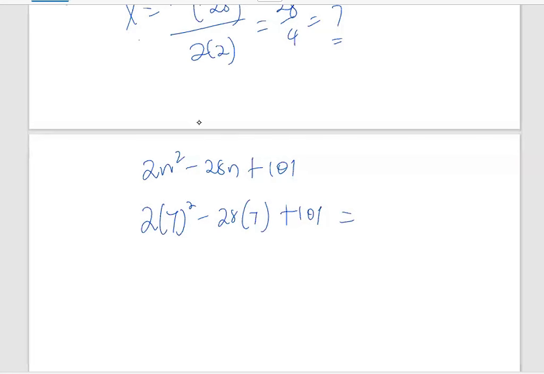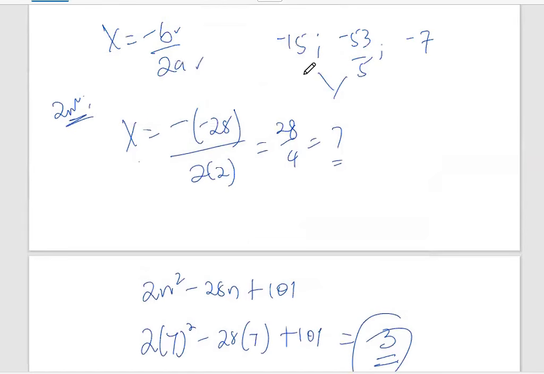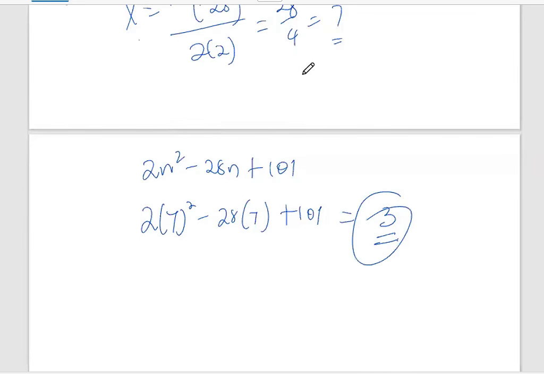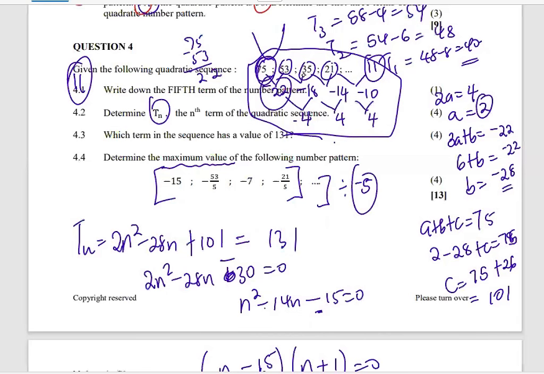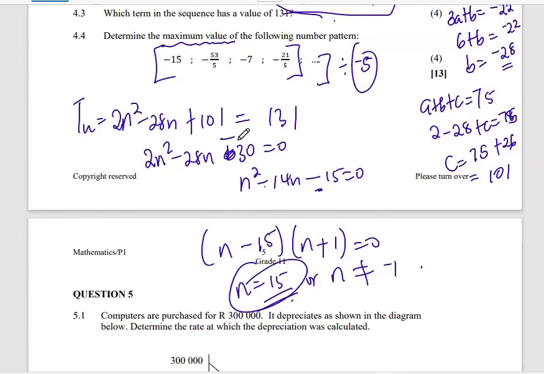So this gives me a 3 as my answer. But now, since we said we are dividing by -5, it simply means that the maximum that we are interested in is going to be a -3/5. So the y value. So that is what the question technically wanted.